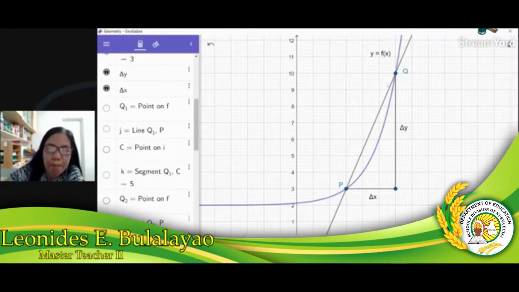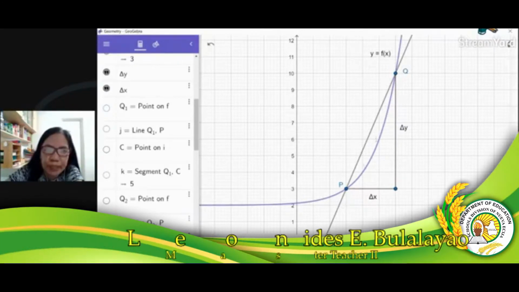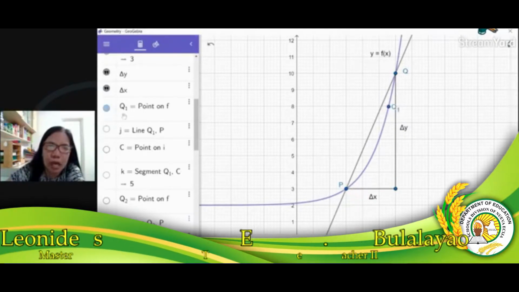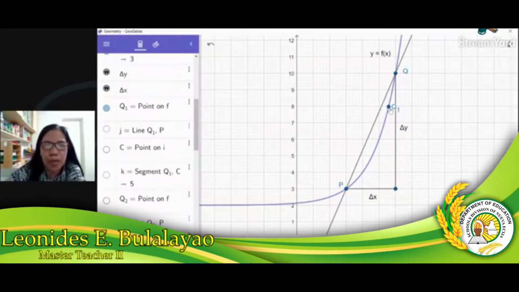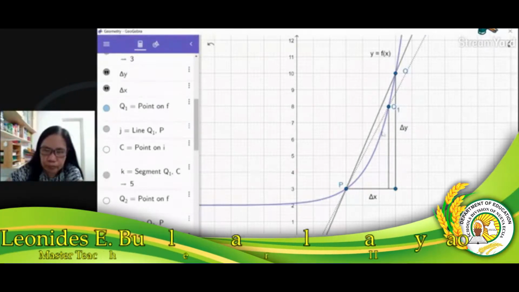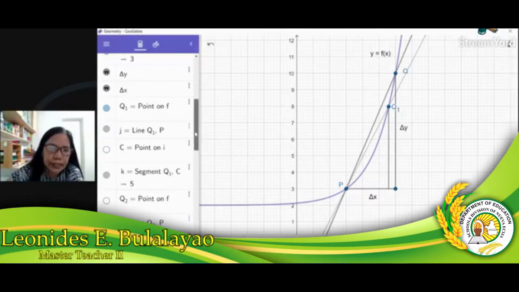So if we have point Q and point P and this as a secant line, what will happen if point Q approaches point P? Let's say we have point Q sub 1 here, and let us look at the secant line and also at the slope, or the change in y over change in x.